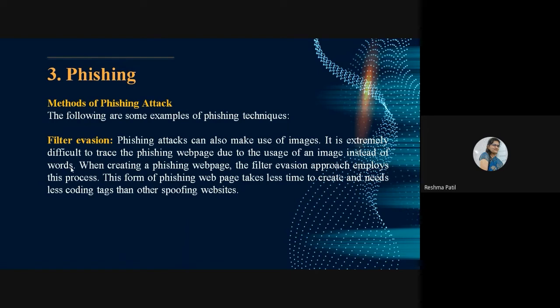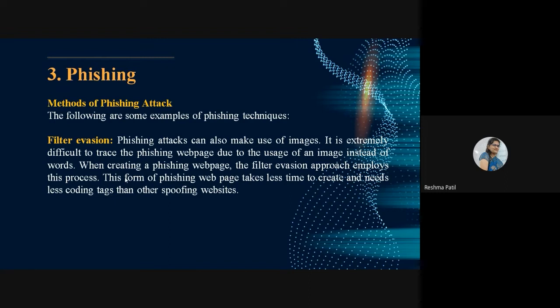So it is difficult to understand whether this image is real, or whether it is directing to the legal website or a fake website. When creating a phishing web page, the filter evasion approach employs this process. This form of phishing web page takes less time to create and needs fewer coding tags than other spoofing websites. That image is of that particular company only.